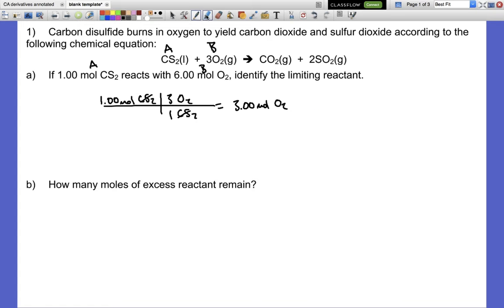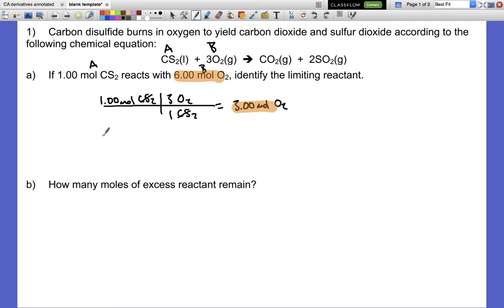But your whole purpose of this is to make sure you understand that you need 3 moles of oxygen to react with 1 mole of CS2, but you have 6 moles of oxygen, which means you have plenty of oxygen available right now, right? So that should already give you a hint as to whether or not the oxygen should be limiting.